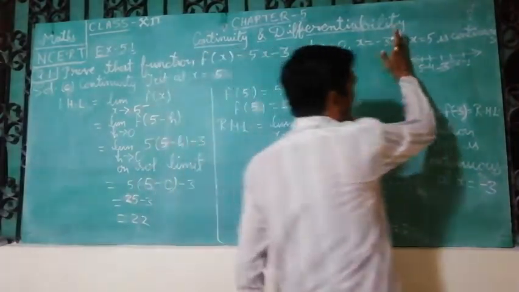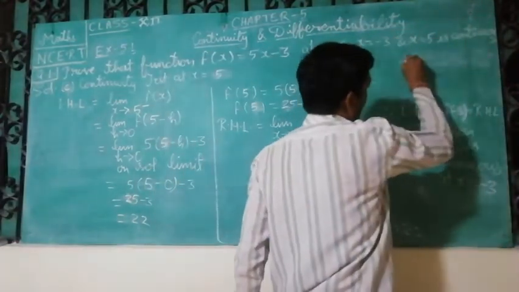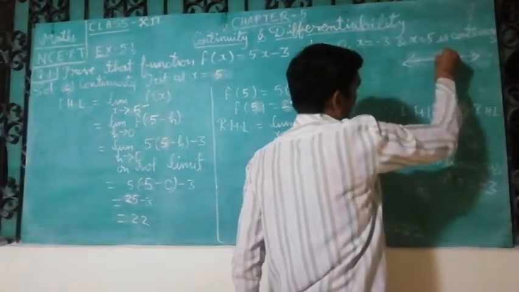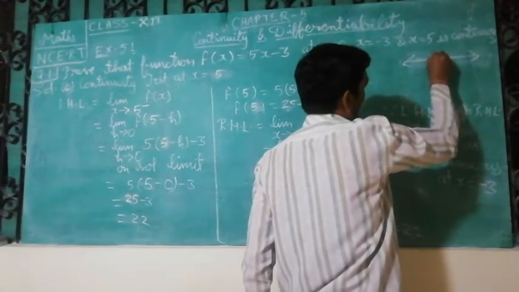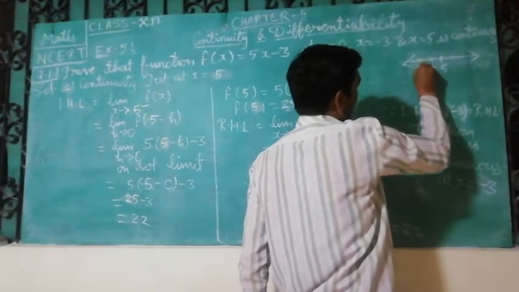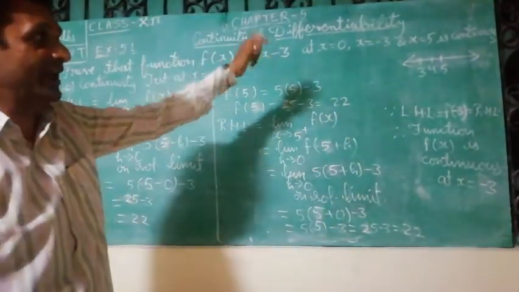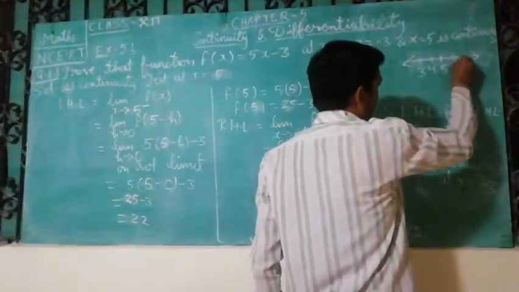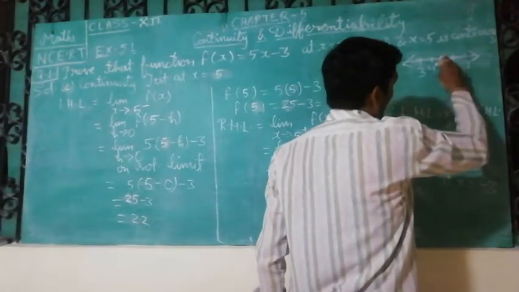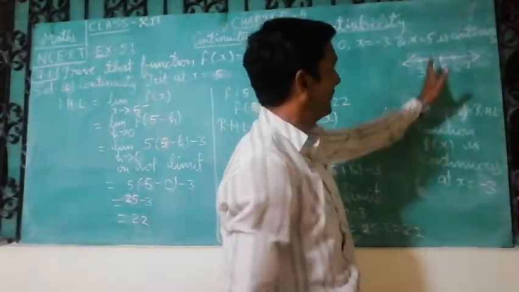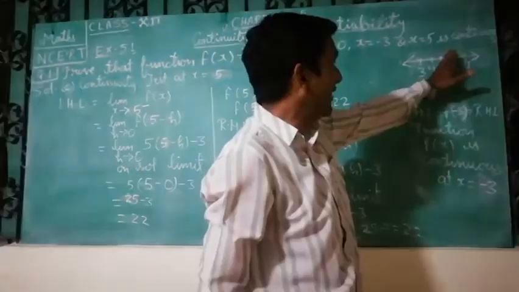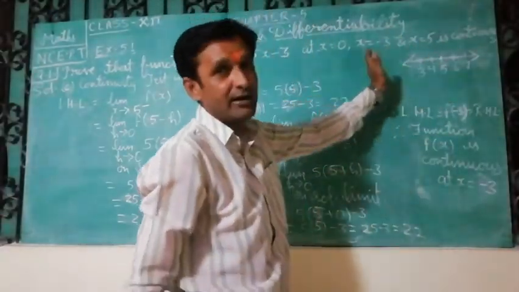And on the number line we can represent it like this. Suppose this is 5. So it will be 4, it will be 3. So 5 minus means it can be at 4, at 3 like this. And here it is 5 plus, that is 6, 7. So for 5 plus we have to move on the right hand side, and for 5 minus we have to move on the left hand side.